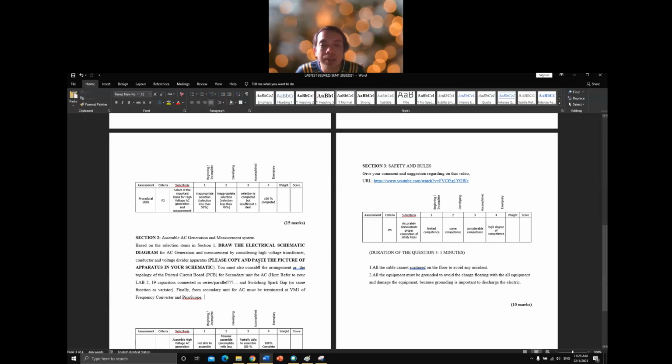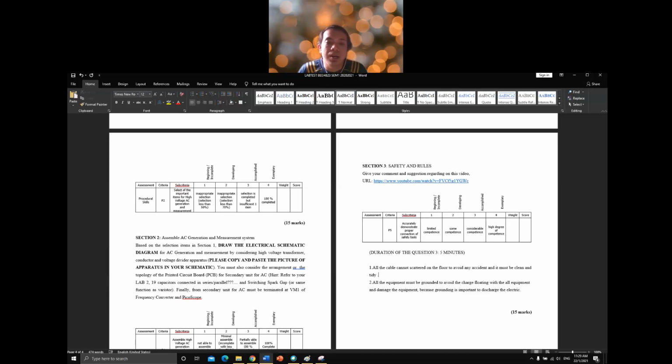My suggestion is that all the cables are not scattered on the floor, and they must be clean and tight, so it can avoid any accident that might cause injury.